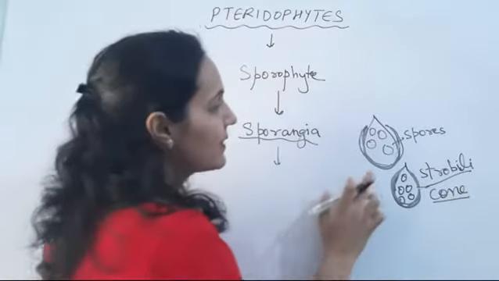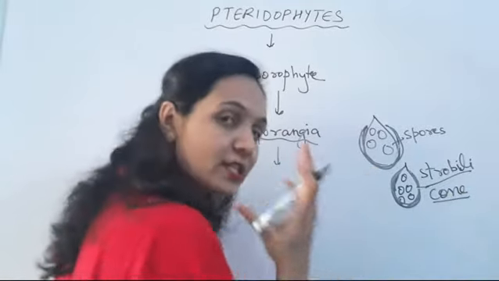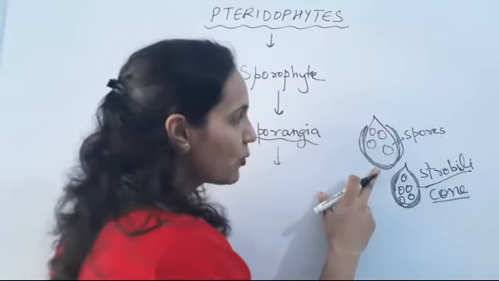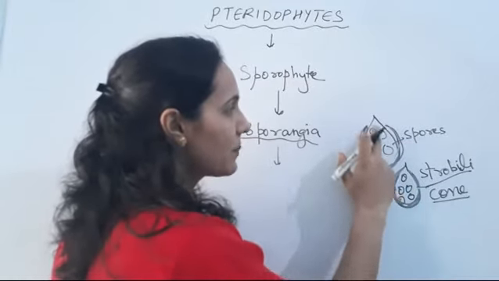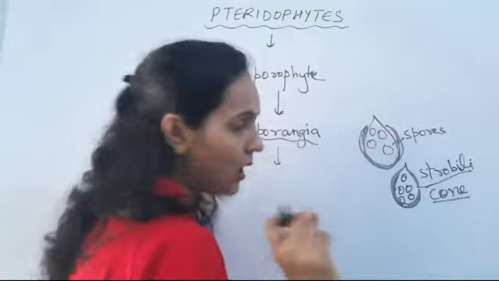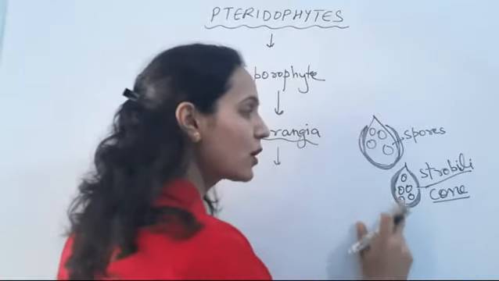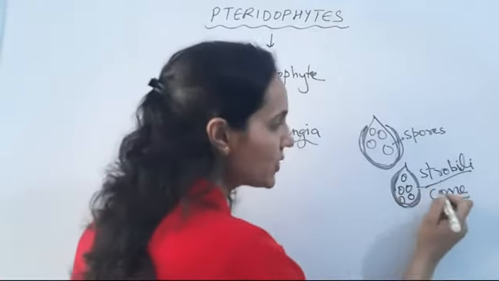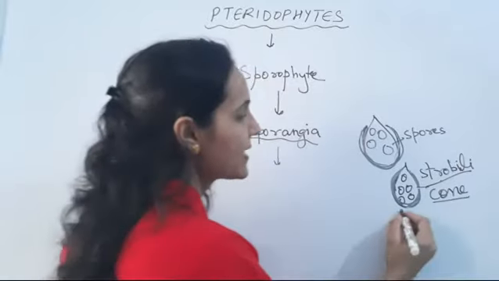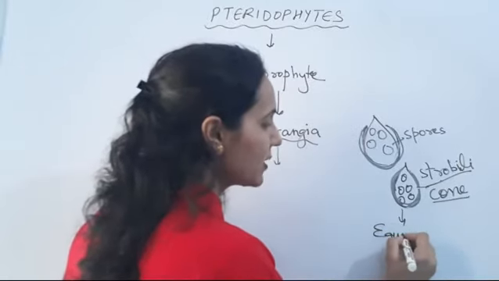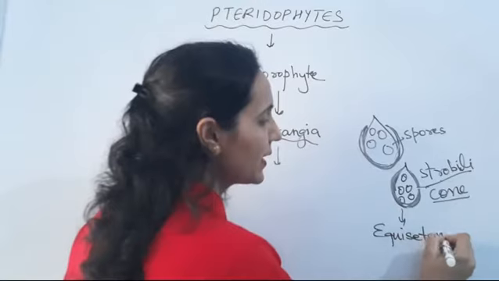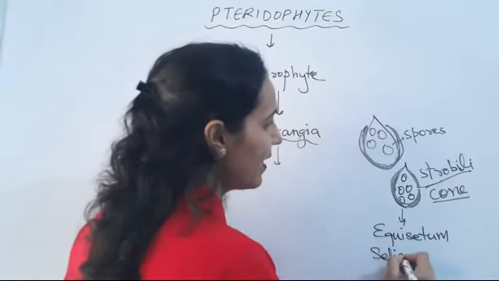Clear? When the sporophylls are in compact form, the leaf-like structures are subtended onto the sporangia. So if it forms a compact structure, then it is known as strobili or cone. Examples for them are Equisetum and Selaginella.